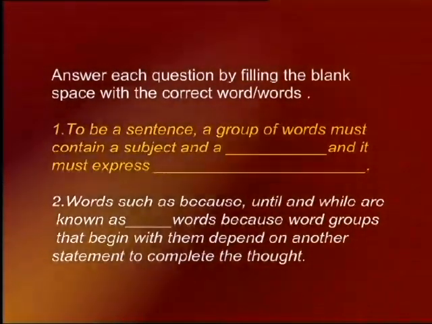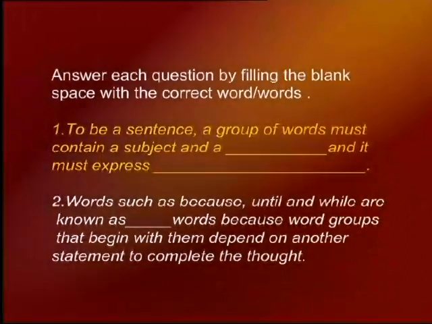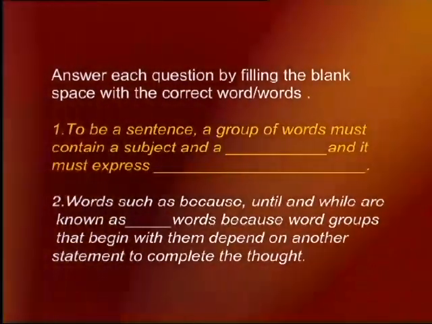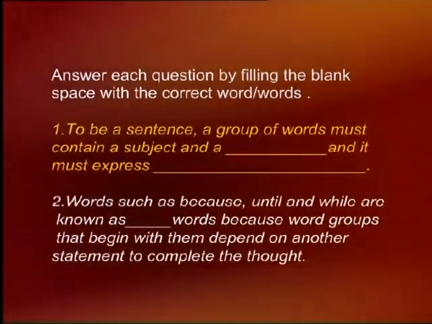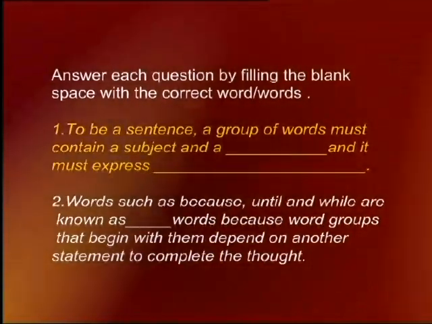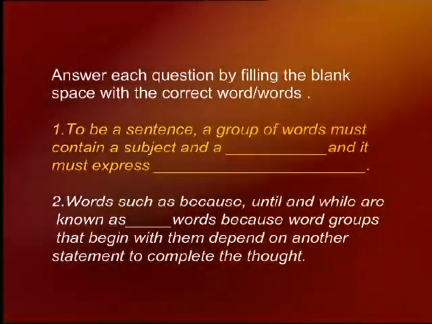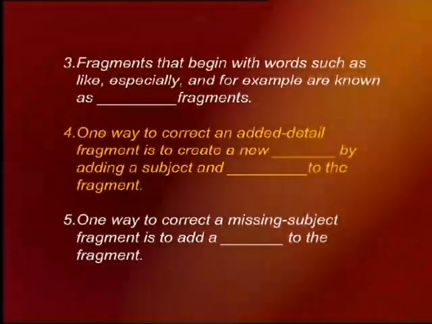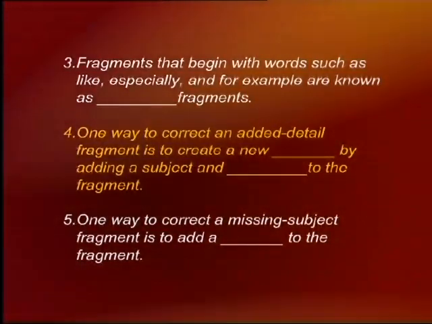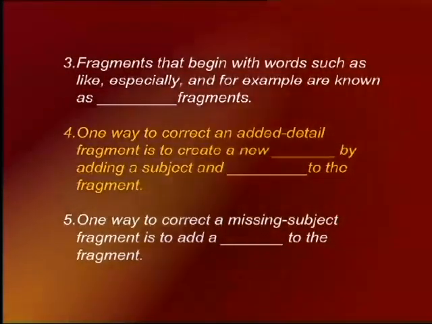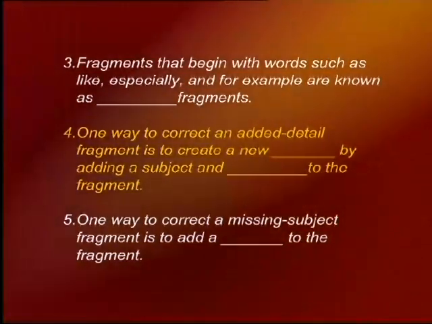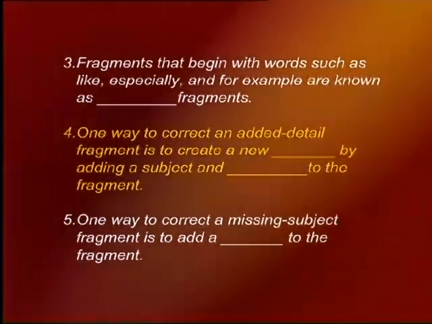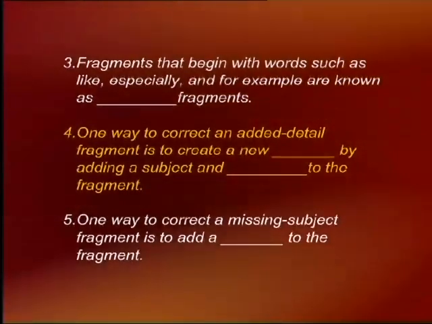Number 2, words such as because, until and while are known as words because word groups that begin with them depend on another statement to complete the thought. Number 3. Fragments that begin with words such as like, especially, and for example are known as what kind of fragments?